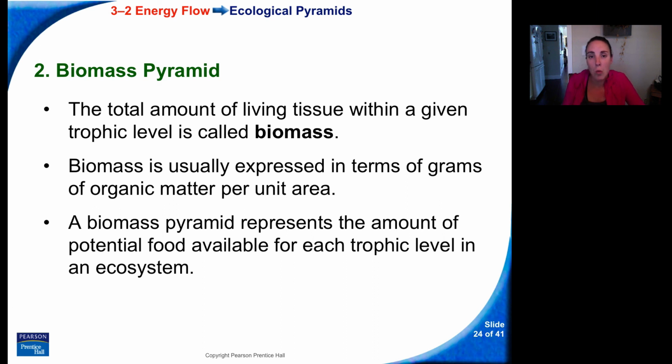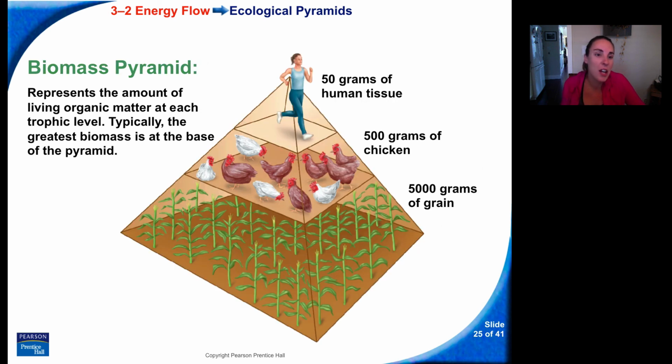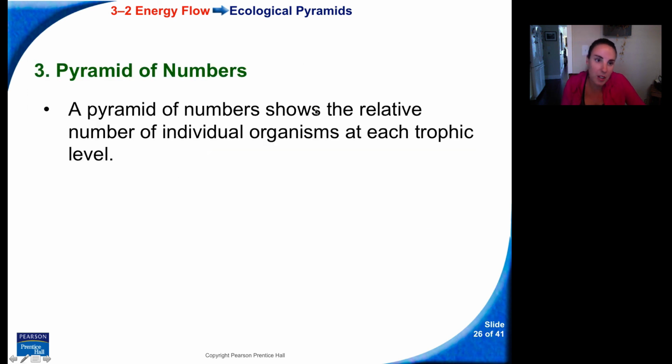So it's basically like weighing all of the living matter in an area to figure out how much food there actually is. So biomass represents the amount of living organic matter at each trophic level. Typically, the greatest biomass is at the base of the pyramid, and that's definitely true for rainforests. So 5,000 grams of grain, 500 grams of chicken, 50 grams of human. Generally, it's also only 10% transferred to each level.